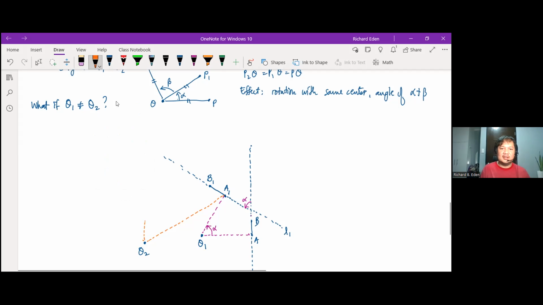Let's make it, in fact... all right, so this is beta. Okay, this is A2. And let's say this is B2.